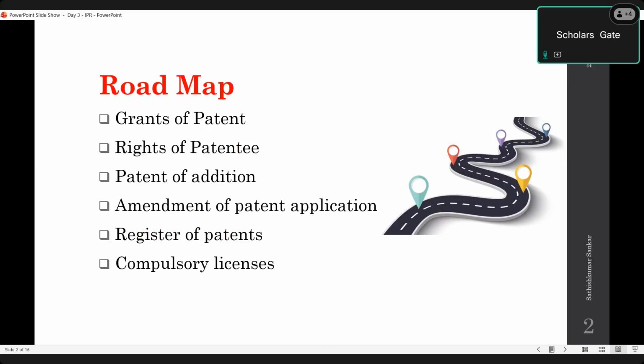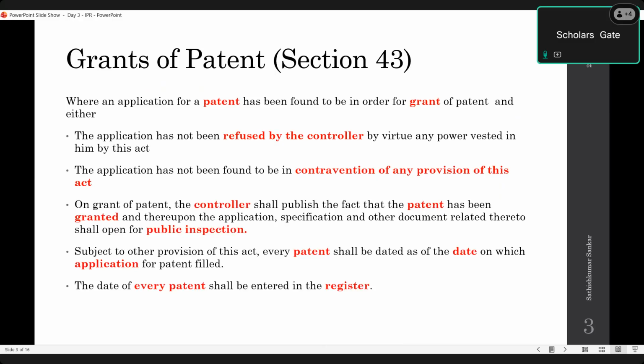Thank you so much. Then I'm starting with the grant of patent under Section 43. The grant of patent is where an application for a patent has been found to be in order for grant.